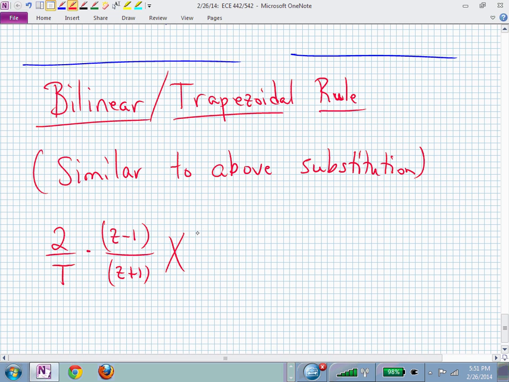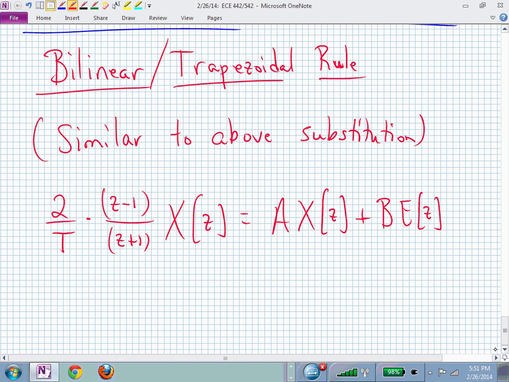And that now scales capital X of z. And the right-hand side is what it was before. That's A X of z plus B E of z. That should be consistent with what we did with the forward rule.